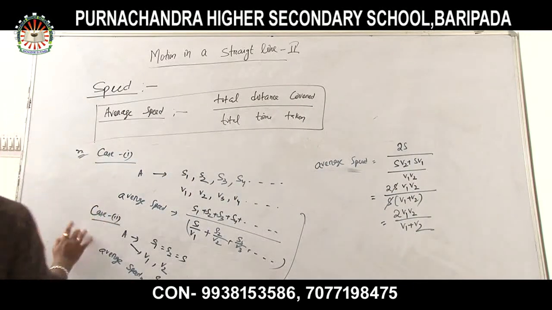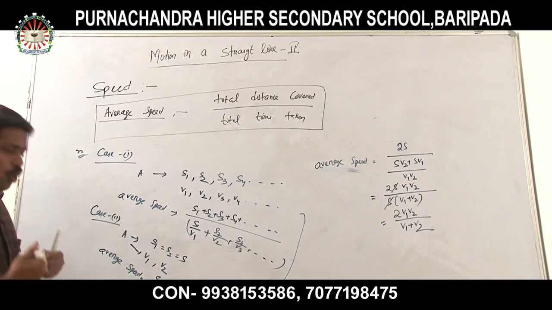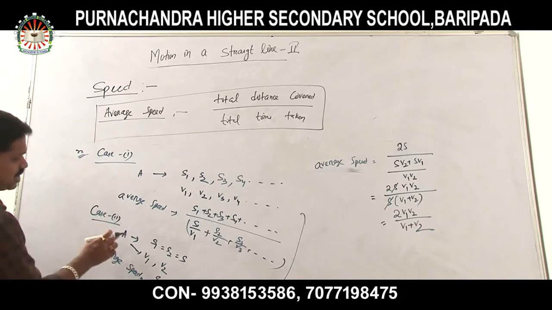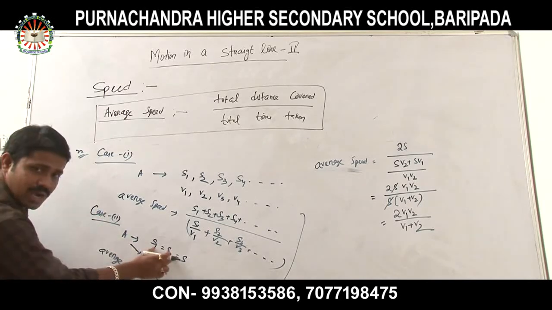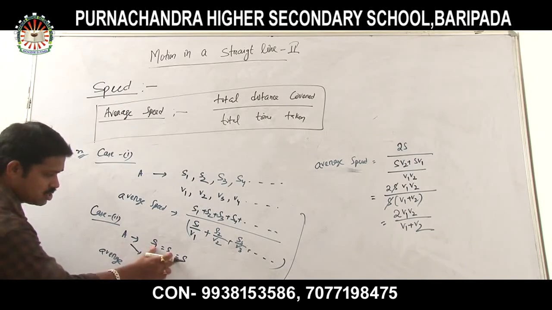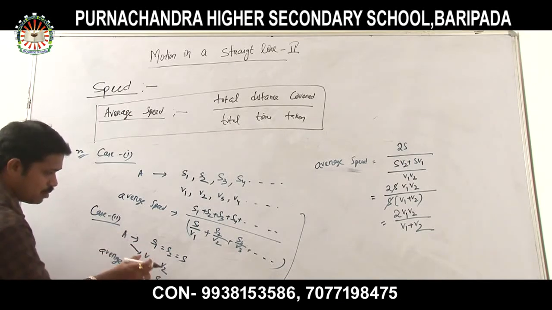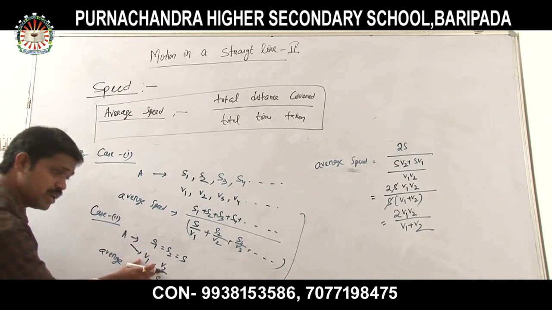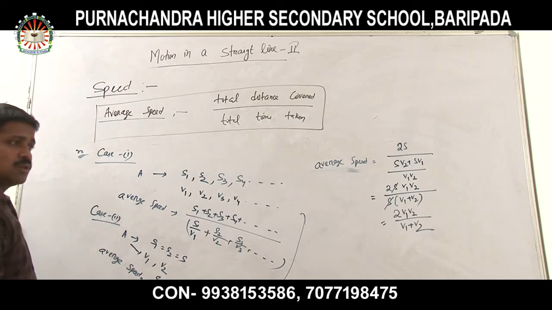So listen, case 2 is very important. If the object A covers equal distance, S1 equal to S2, but the velocity becomes different in the two situations, understood?